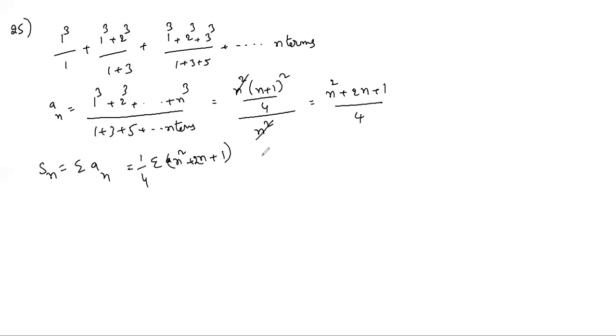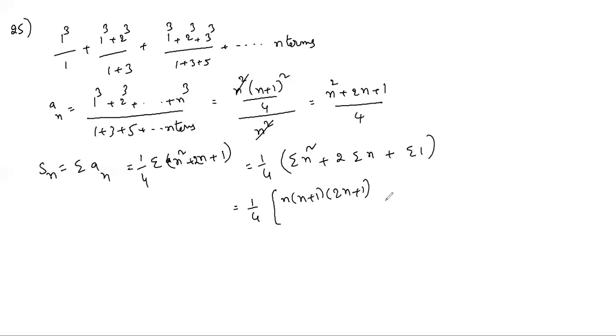One by 4 you can write outside: 1 by 4 into (sigma n square plus 2 into sigma n plus sigma 1). Sigma n square is n into (n plus 1) into (2n plus 1) by 6, 2 into sigma n is n into (n plus 1) by 2, and sigma 1 is n. By simplifying, we will get it.